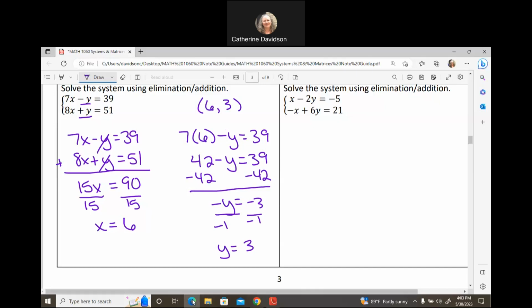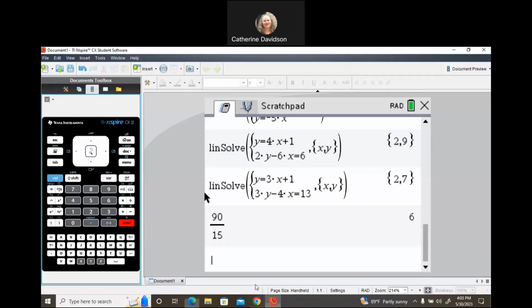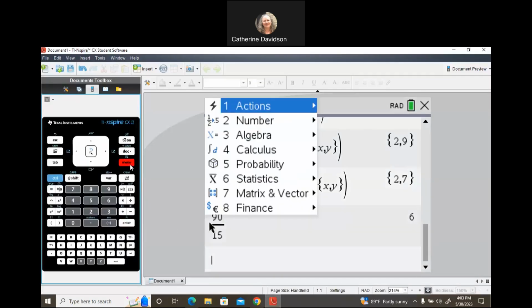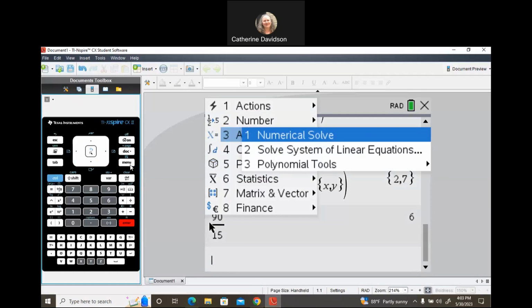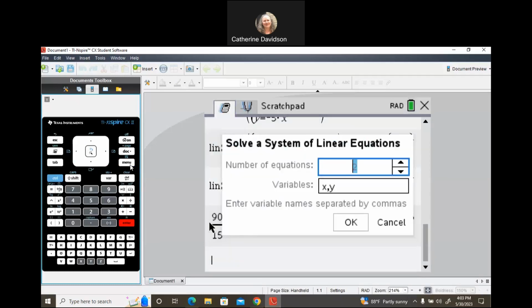All right, now from there, I'm actually going to flip back over to the calculator and put this one in. I did it by hand, but maybe I'm just not feeling very confident. I just want to double check my work. Maybe I just want to skip doing it by hand altogether.